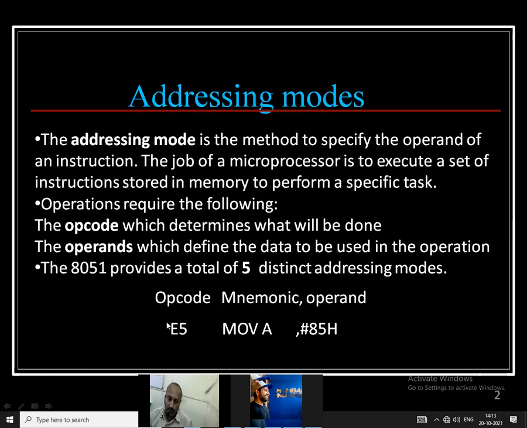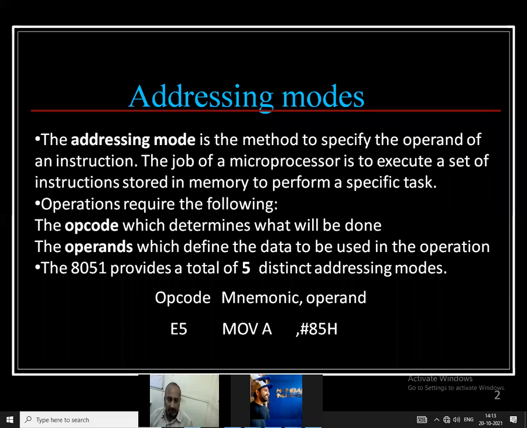So E5 is for this particular instruction, MOV A, #85. We understand it, but the machine does not. The machine understands only this E5. So there is a compiler which converts this instruction into the opcode. How does the machine understand E5? E5 is a hex code, and it is converted into binary. What is the binary of E5?